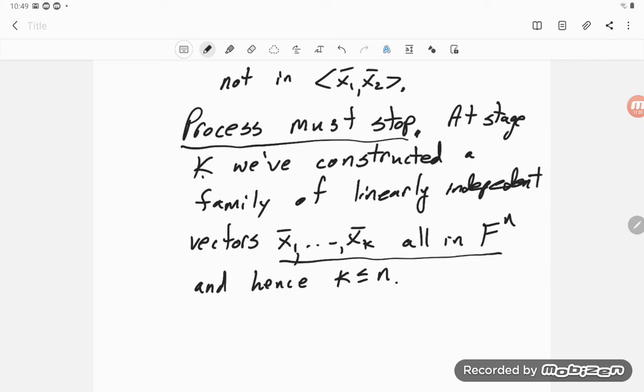This k could never get bigger than n and still keep this process going where we find something that's linearly independent. So it's using 3.3.1 in saying that, if I'm in Fn, a linearly independent set must have k vectors, which is less than or equal to n.